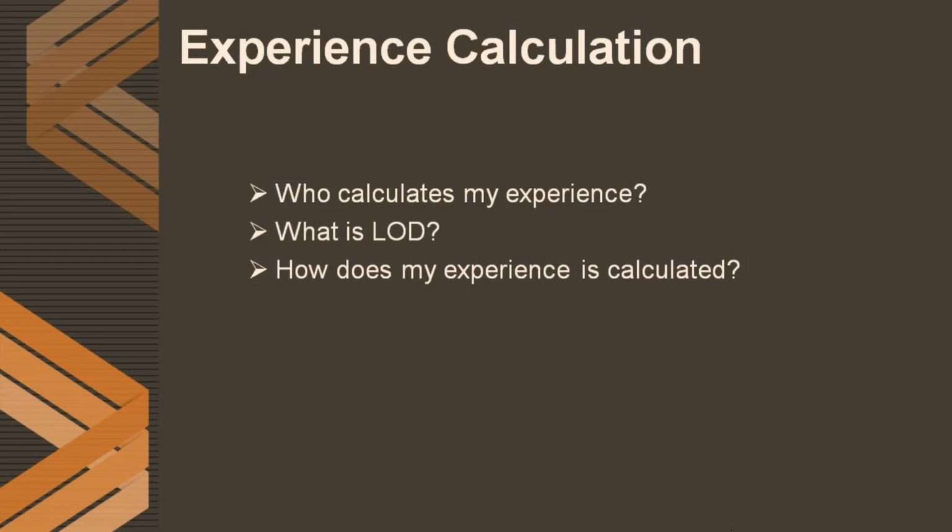Even though you worked from, for example, January 2020 till October 2020, but you got registered in March 2020, your experience will be calculated from March 2020 till October 2020. The experience which you had from January to March will not be considered.